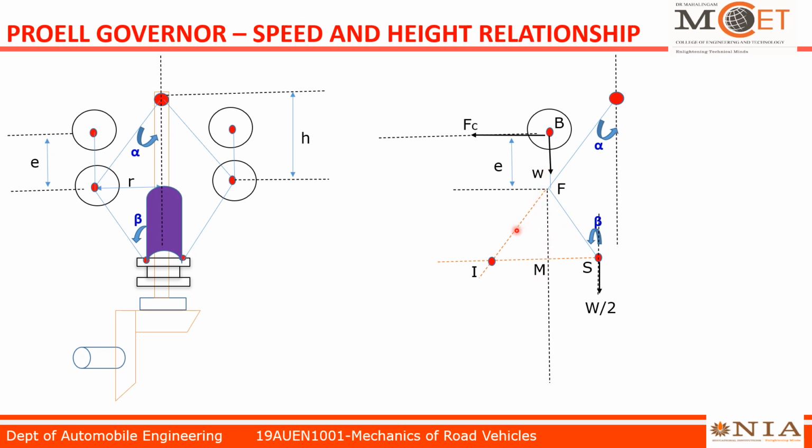This upper arm extension line makes angle alpha with the horizontal line. The lower arm makes angle beta here with the horizontal line. So the opposite angles are equal; here too we get angle beta. So this upper arm extension line makes angle alpha here, and the lower arm line makes angle beta here because the opposite angles are equal.